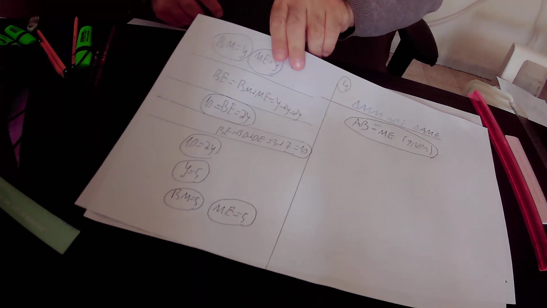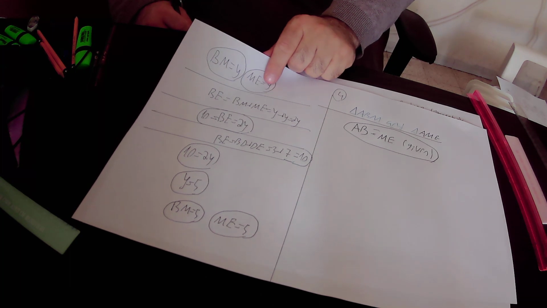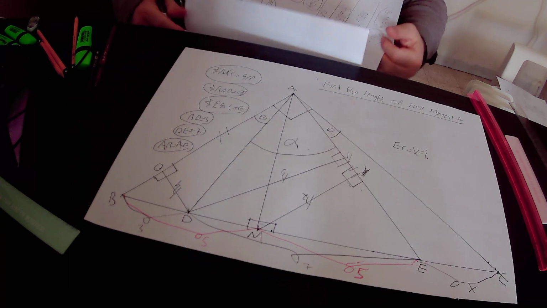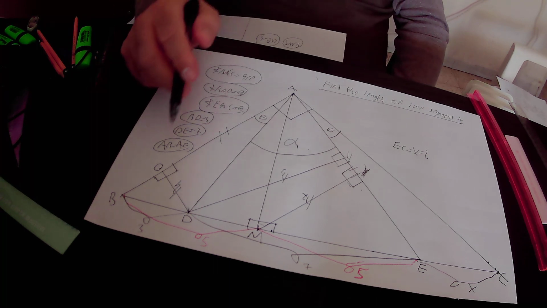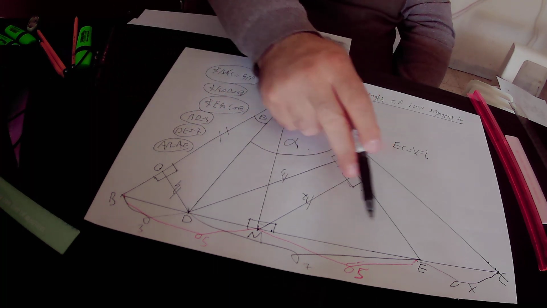Okay, AB is equal to AE. It is given in the question. And we just found out that BM is equal to ME equals 5 units.